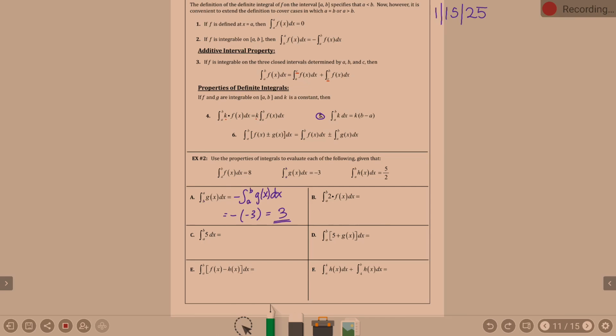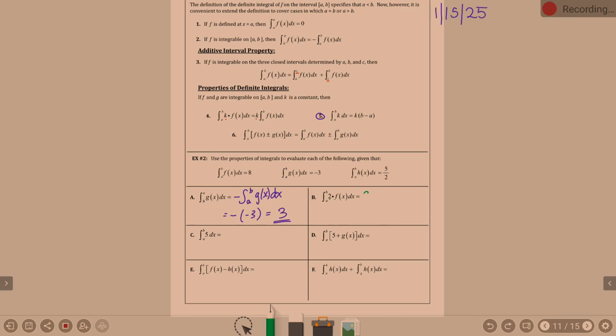Okay, what about b? The integral from a to b of 2 times f of x dx. 60? I agree. That's the final answer. What's the official property or rule I can do here? That constant of 2 that's inside the integral can be pulled out front.